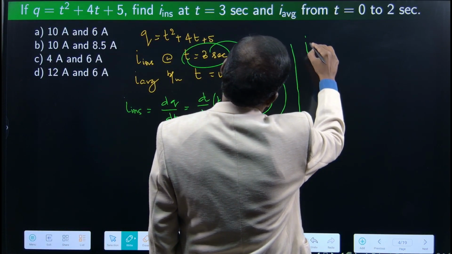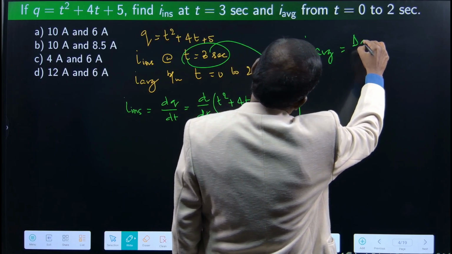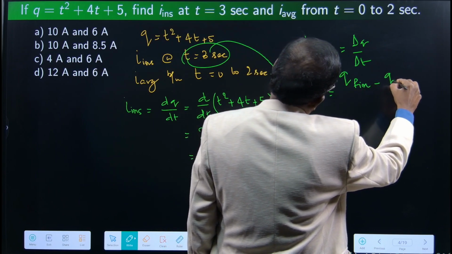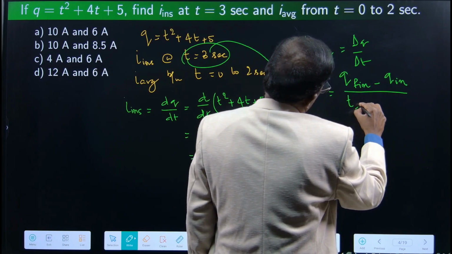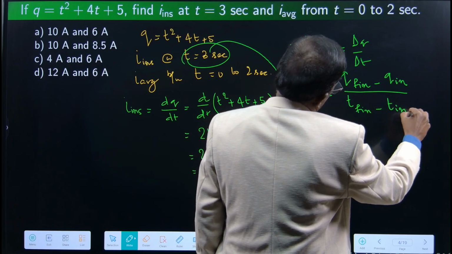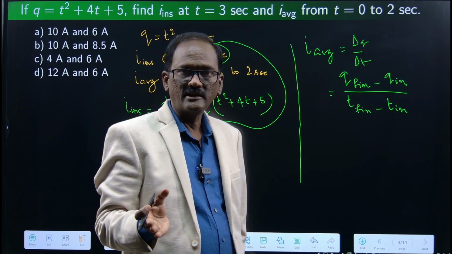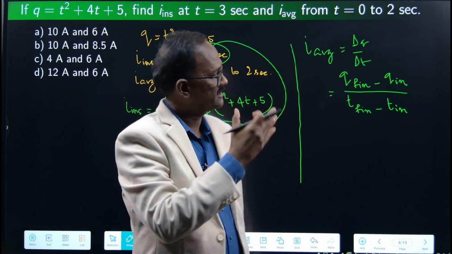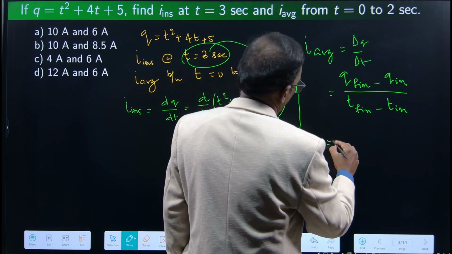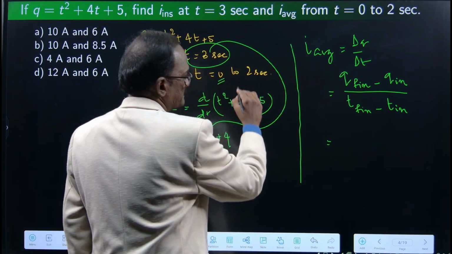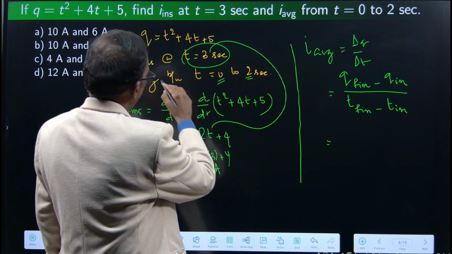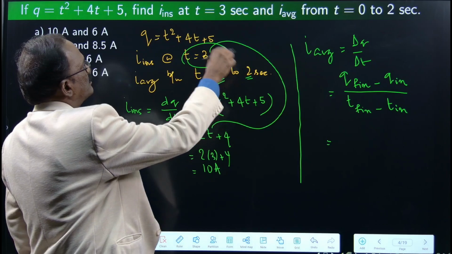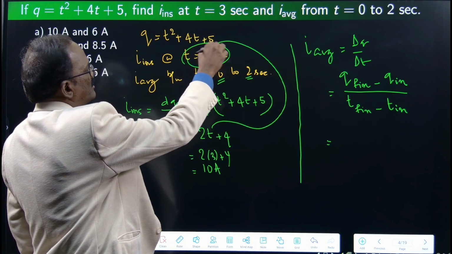I average is equal to delta Q by delta T, that is Q final minus Q initial upon T final minus T initial. What is the value of Q at the initial time and at the final time? Take the ratio. Initial time is 0, final time is 2 seconds. Put 0 here: 0 plus 0 plus 5.